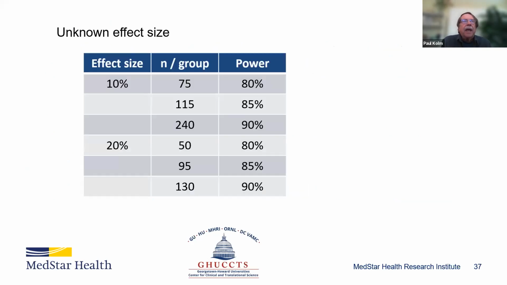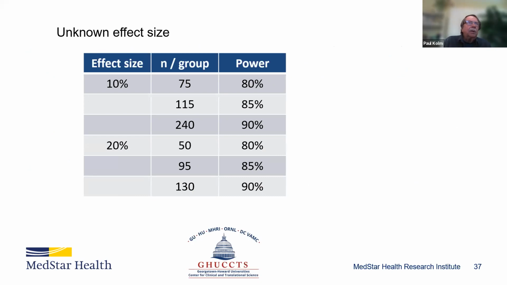And then the last thing I want to mention is if you have no idea what an effect size is, then we can do kind of a worst case, best case scenario, or give some ranges.